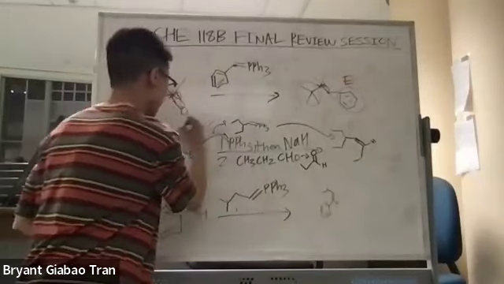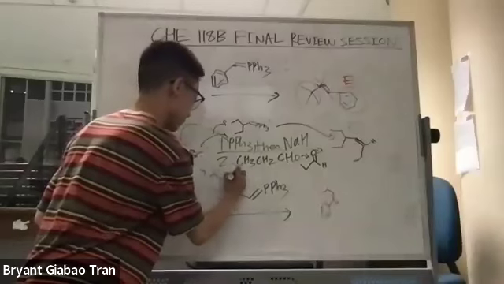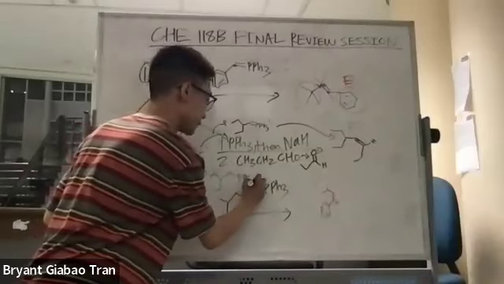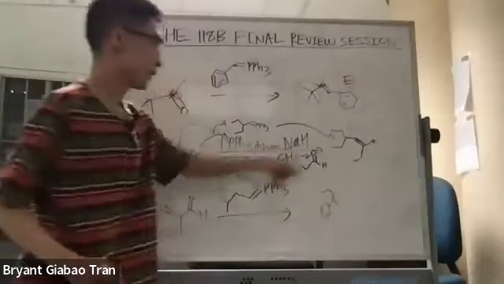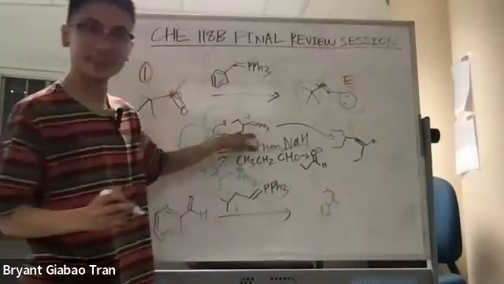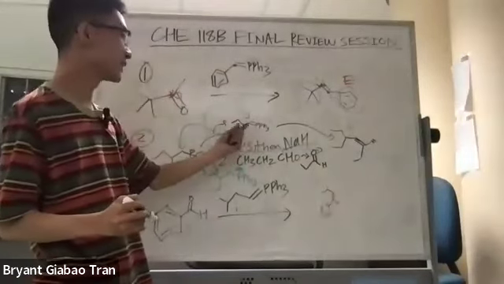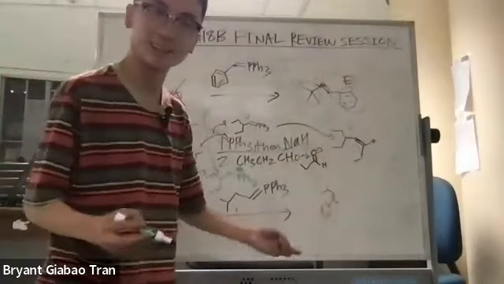When the phosphorus attacks the carbon and kicks out the bromine, we get this intermediate right here with the positive charge on the phosphorus. But then the NaH, the strong base, will make it into the ylid right there. And we know this ylid is unconjugated, making the Z alkene between the carbonyl carbon and the ylid carbon.